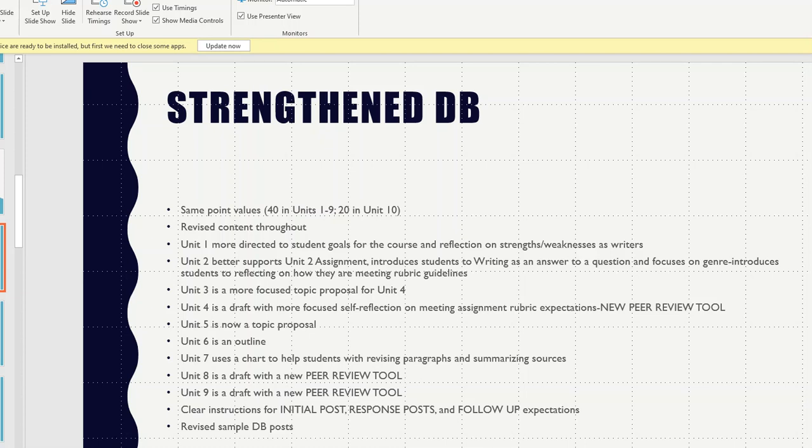If you look through each of the units, it may look like they're very similar to what's currently in the course. But Unit 2, for example, we did change the assignment, and the discussion board better supports that assignment, we think. It also introduces students to one of the major themes of the course, which is that writing is a series of questions that a writer asks, and that the writer is answering for the audience.